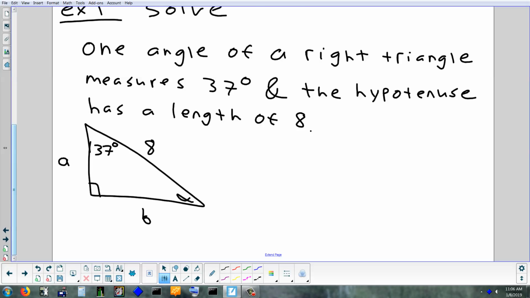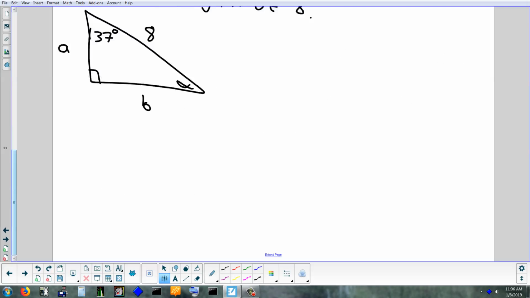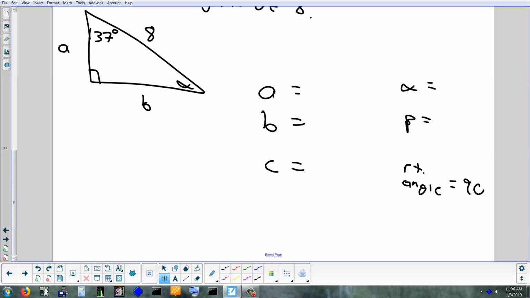So let's write that down in a table. I'm just making a table of my 3 sides and my 3 angles. Now, the angle across from C is always the right angle, so we don't have to give that one a special name. And we know it's 90.